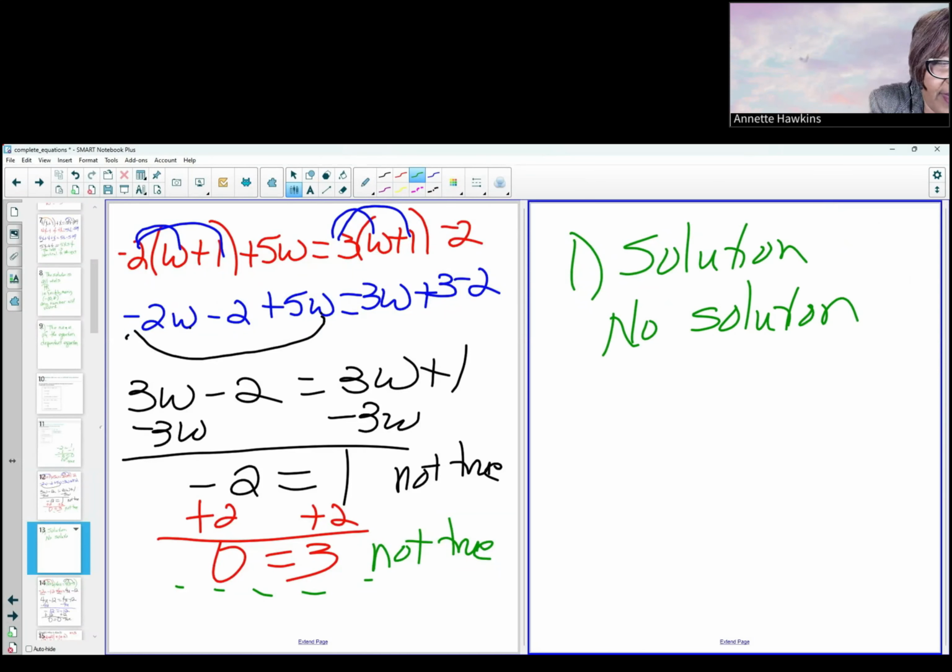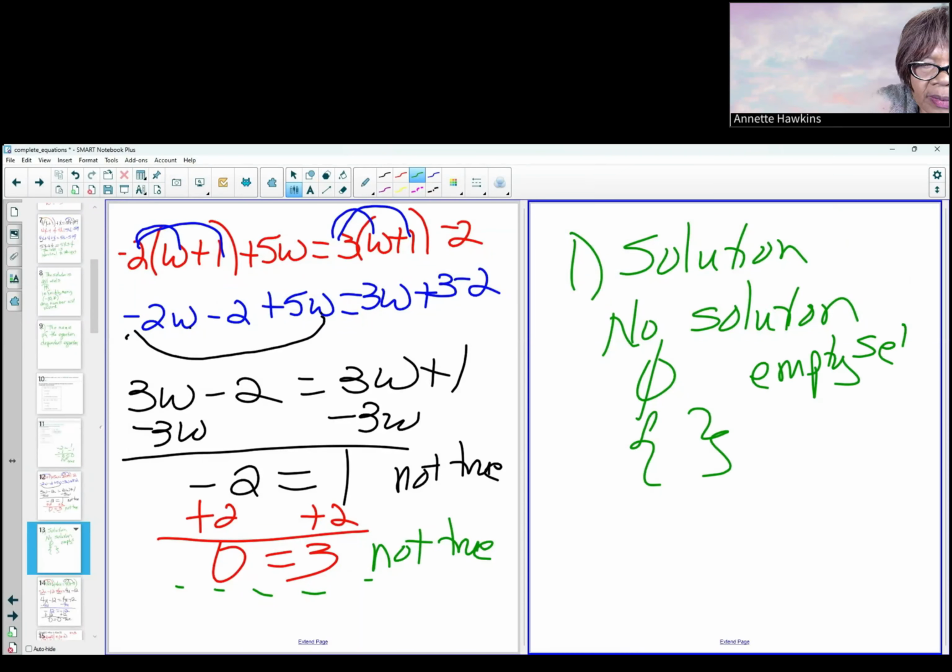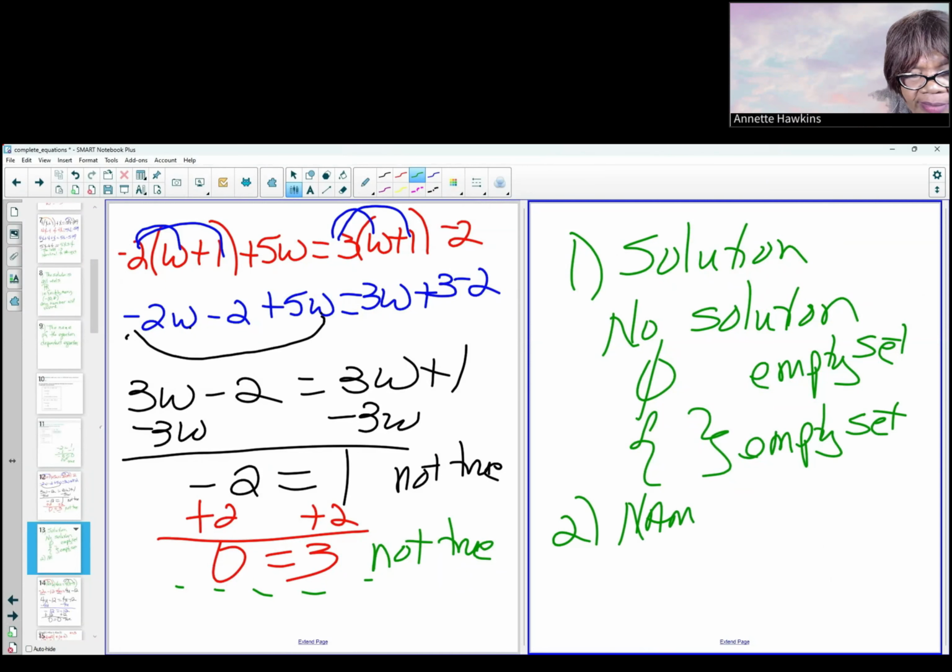Or you can write the empty set. Both of these, this is the empty set, and this is the empty set. Okay. Now, the name of this equation is a contradiction.